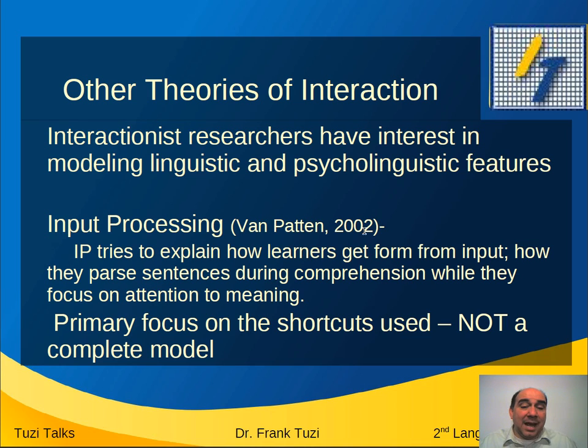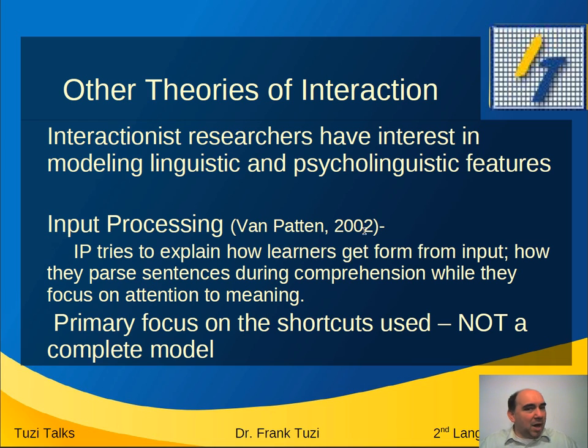Van Patten now takes some of these ideas with his theories of input processing. And his major focus is to try to explain how language learners get from the form that they pull out of input, okay, and how they can parse that form and get some comprehension out of it. In other words, how does that whole process work? Someone says a phrase or something to me, and my brain has to process that.